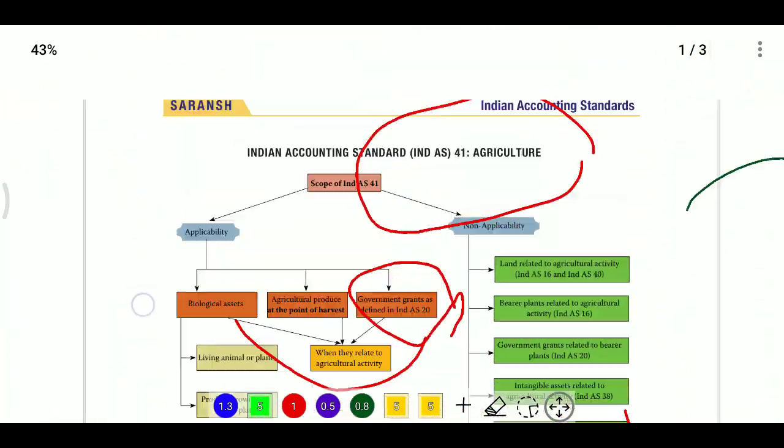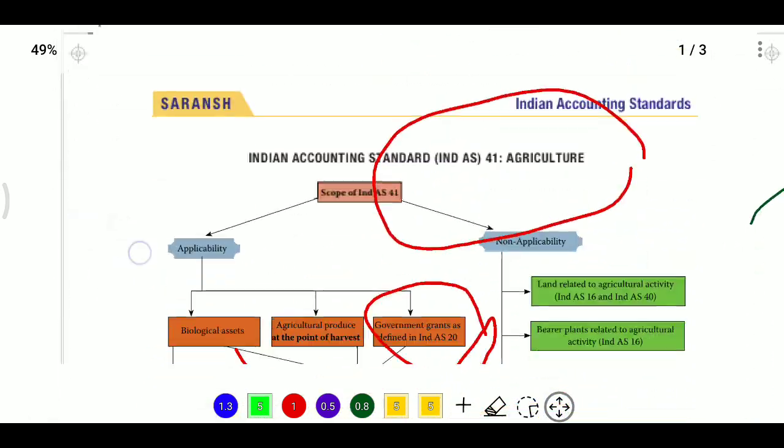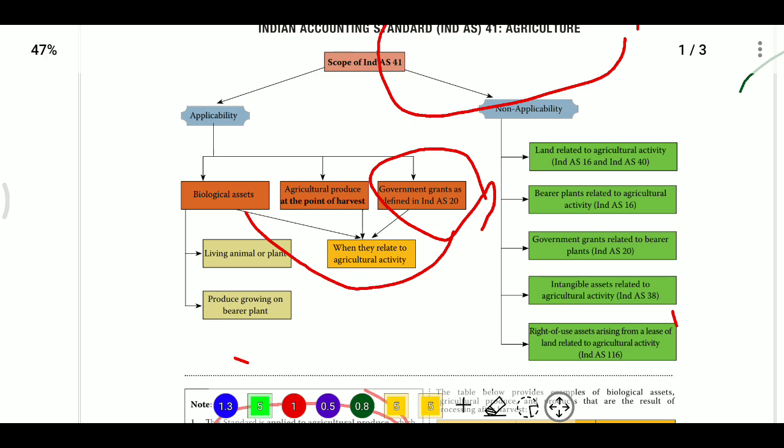This is the main core area of Ind AS 41 Agriculture. Now, what is the summary for Ind AS 41? Simply, we started with the definition. This Ind AS prescribes accounting for areas like biological assets, except bearer plants. Biological assets means living plants and living animals, that is, living stock.